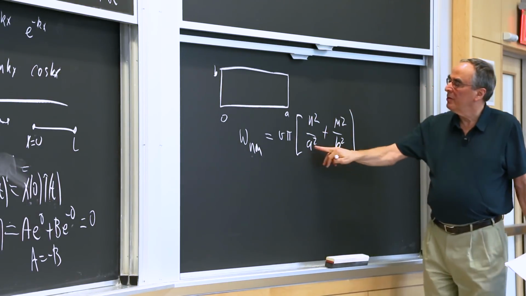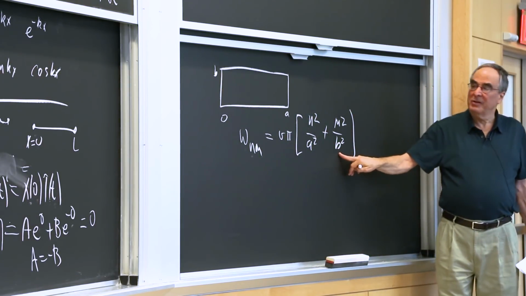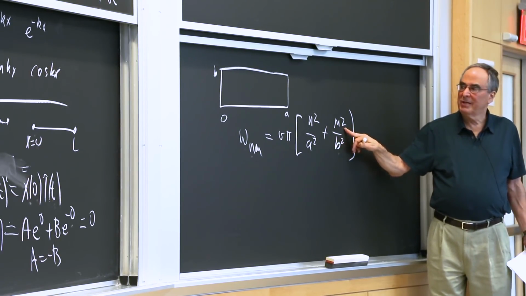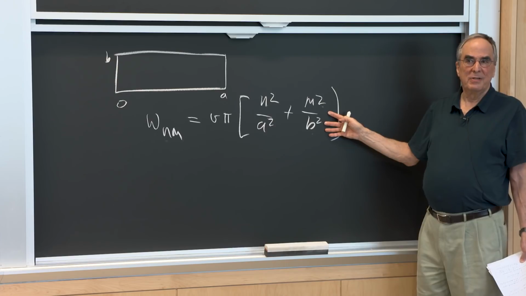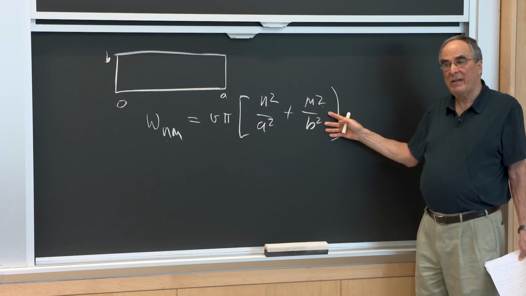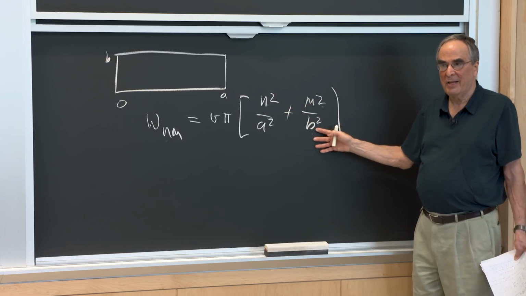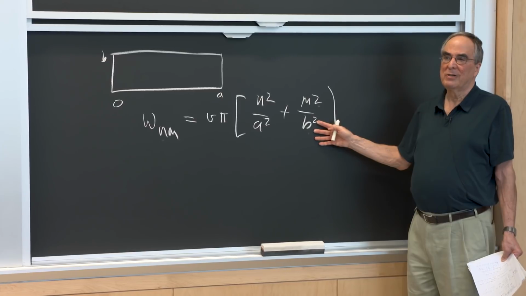So this is the geometric structure of the drum, and these are the quantum numbers, and these are the frequencies. And it's going to make a whole bunch of frequencies that are not integer multiples of each other or of any simpler thing. And that's why it sounds horrible.